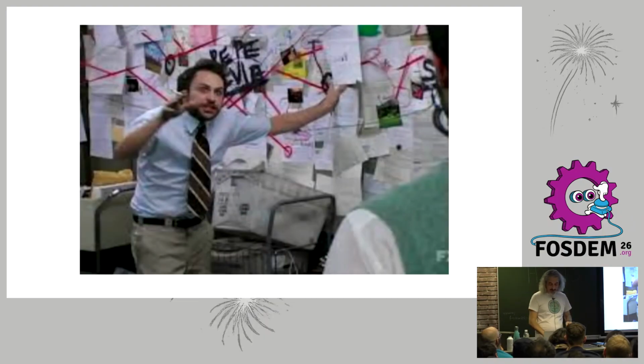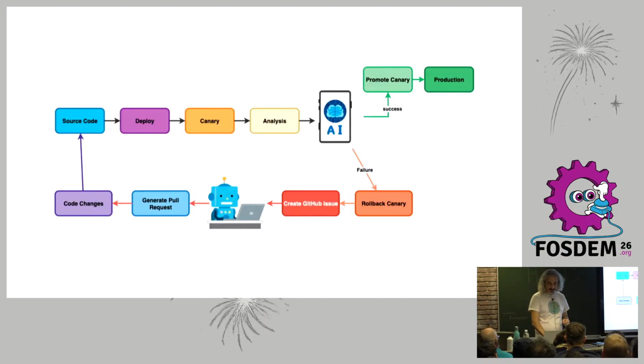Now, bear with me for a second, because what happens after this? I don't want to have to go and look at what the problem is. Besides the rollback of the canary, my plugin will create a GitHub issue. It will assign an AI coding agent that will generate a pull request for me, that I only have to approve.